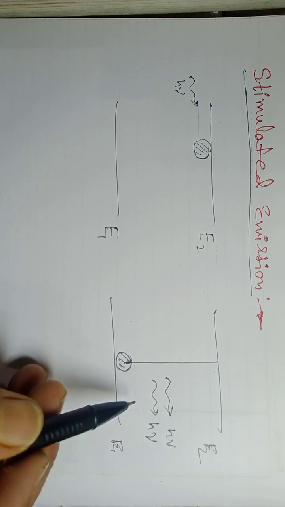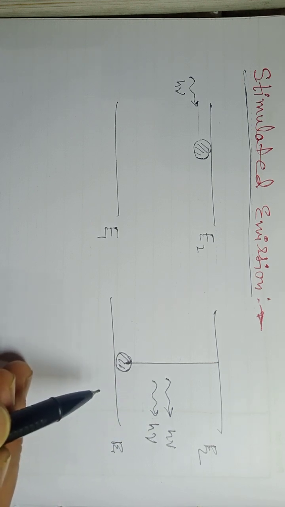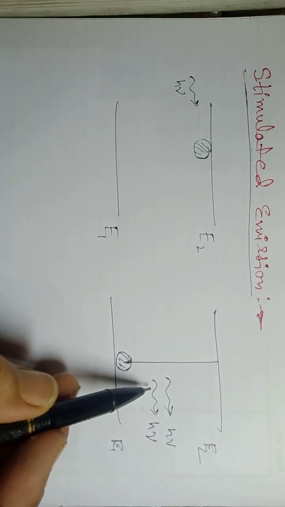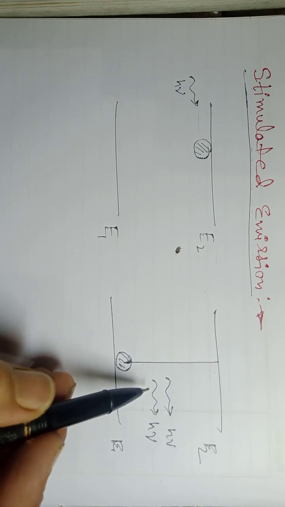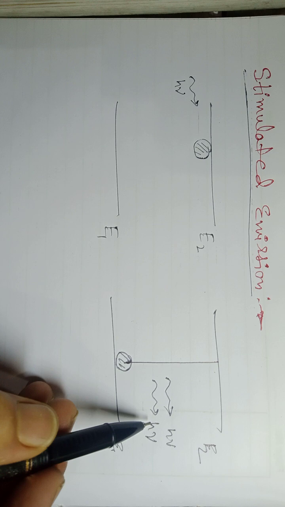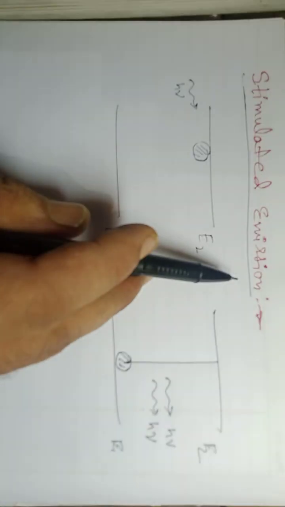That means in frequency, in phase, and in the same direction. Both are moving in the same direction. One is incident and another is forced emission. So the process of forced emission of this photon caused by the incident photon is known as stimulated emission.